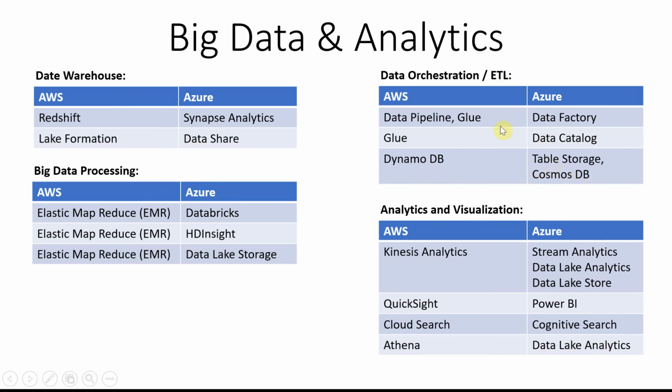For ETL, you generally want to store something, so you look for a cheaper storage solution for temporary storage purposes. In that category, NoSQL would be the best fit for ETL temporary storage requirements. On the AWS side you use DynamoDB, and here you use Table Storage or Cosmos DB.